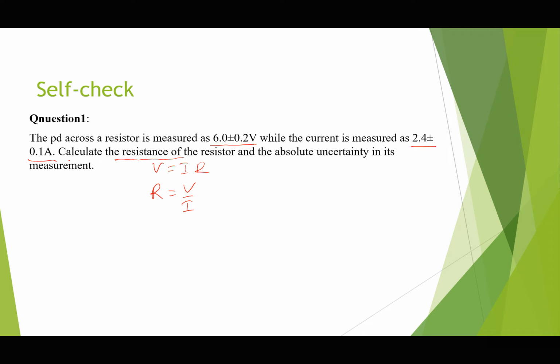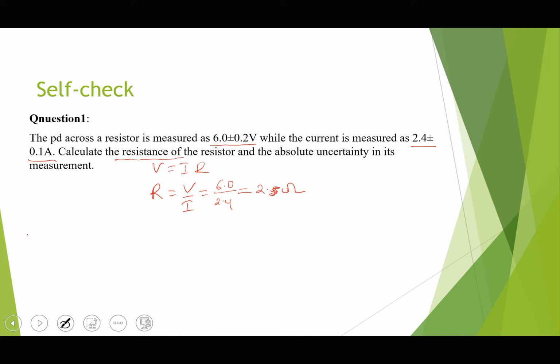First of all, let's substitute the true values and find the resistance. This will be equal to 6.0 divided by 2.4. When you press your calculator, that is 2.5 ohms, not 8.5.